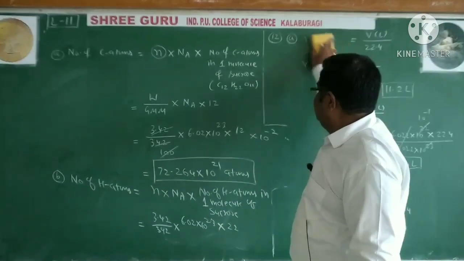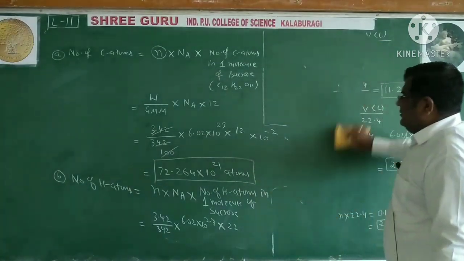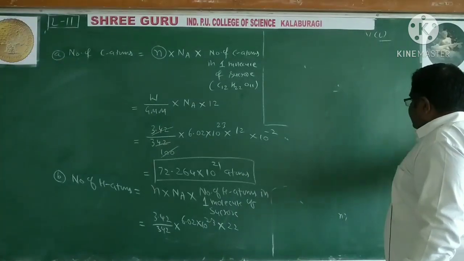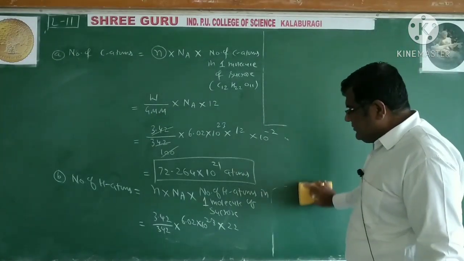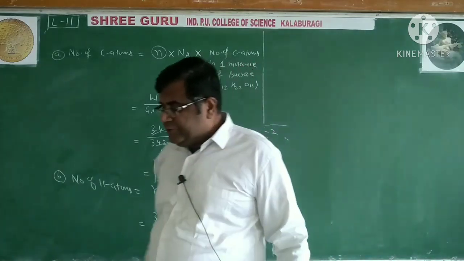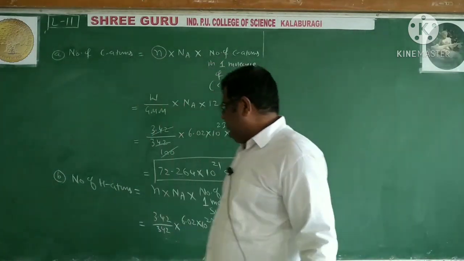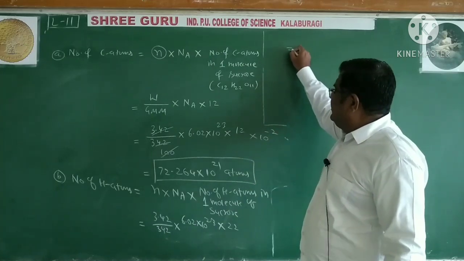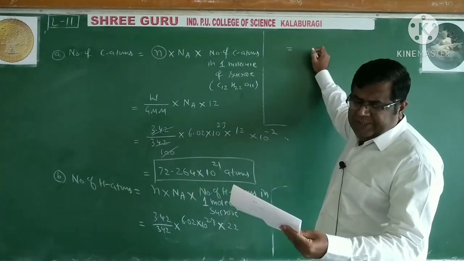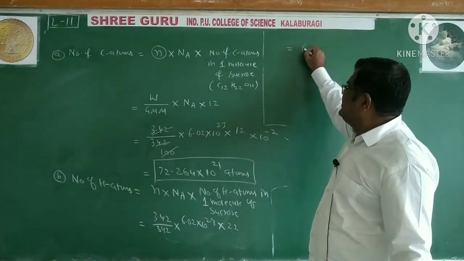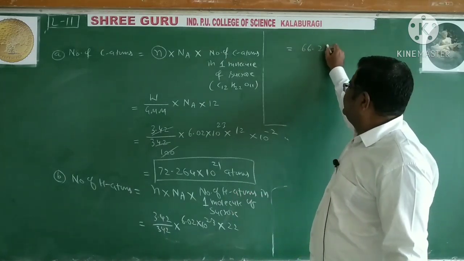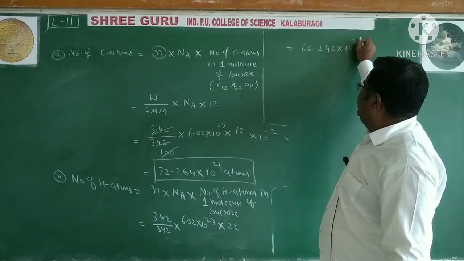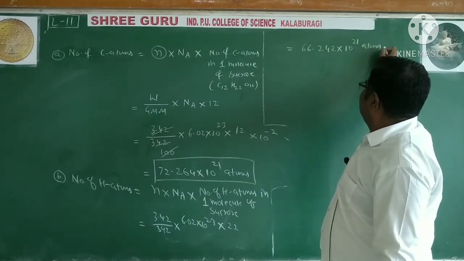It is 1 by 3.42 by 342 is 1 by 100, so it is 10 raised to minus 2. You can multiply that, but ultimately, what answer we get is 66.242 into 10 raised to 21 atoms.